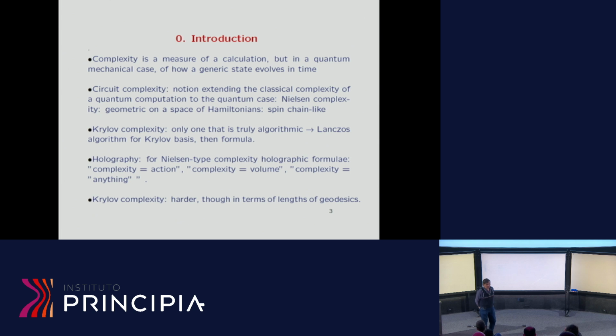Now, in holography, of course, we have various formulae, complexity equal action, equal volume, and equal anything, quotation marks. So that is also another set of formulas, but I will not be talking about that except to mention them very quickly.